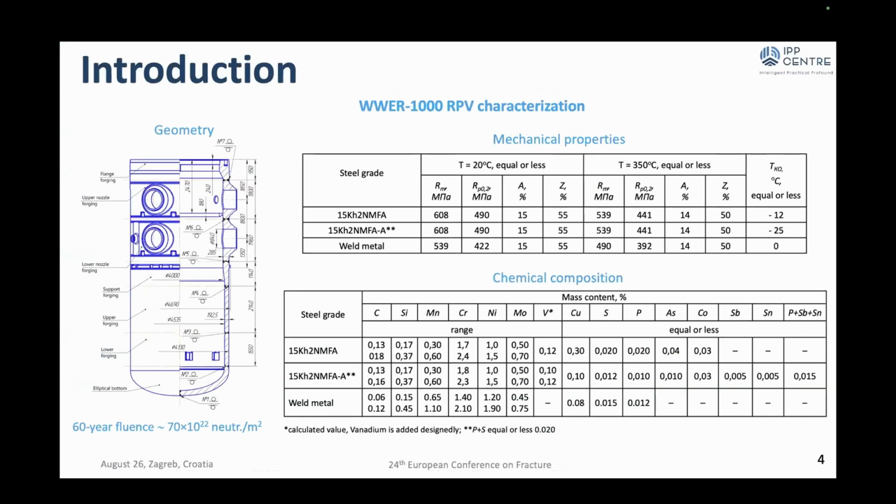So here is the WWER-1000 reactor characterization, the materials, base material and weld material, mechanical properties and chemical composition.